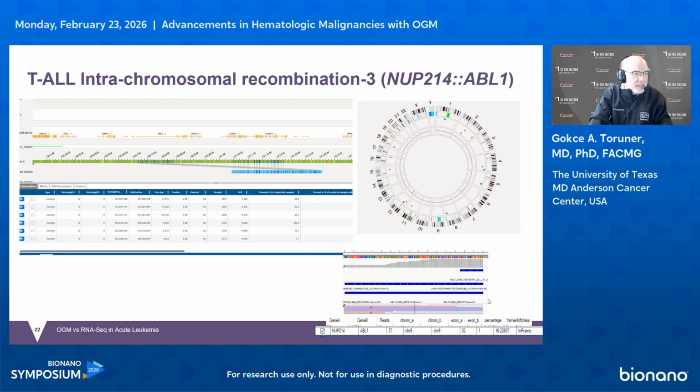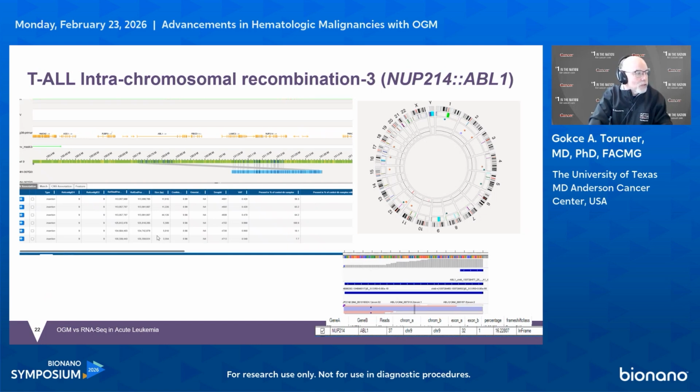And this is the last case for intrachromosomal recombination, showing a NUP214-ABL1 fusion. This is a very interesting case because for NUP214-ABL1, there are only 37 reads. It's not that much.